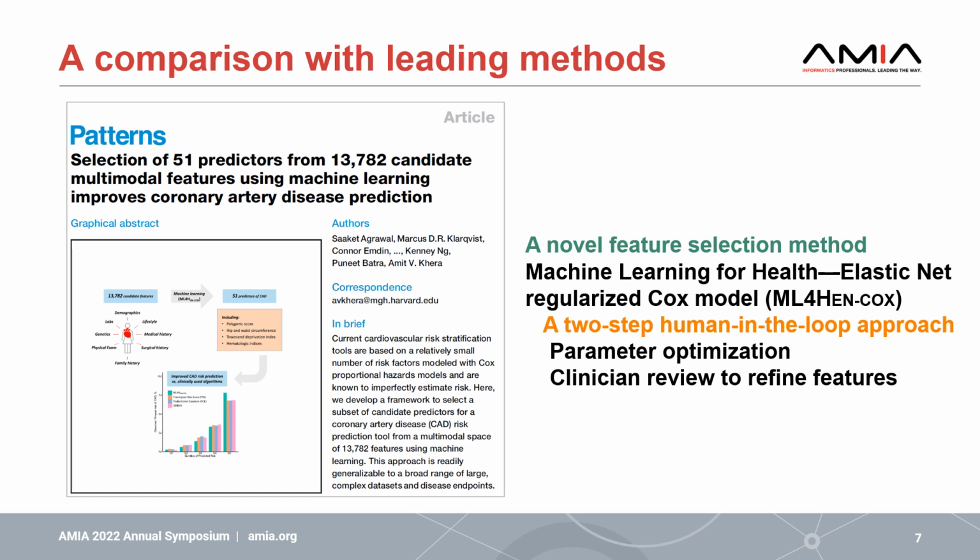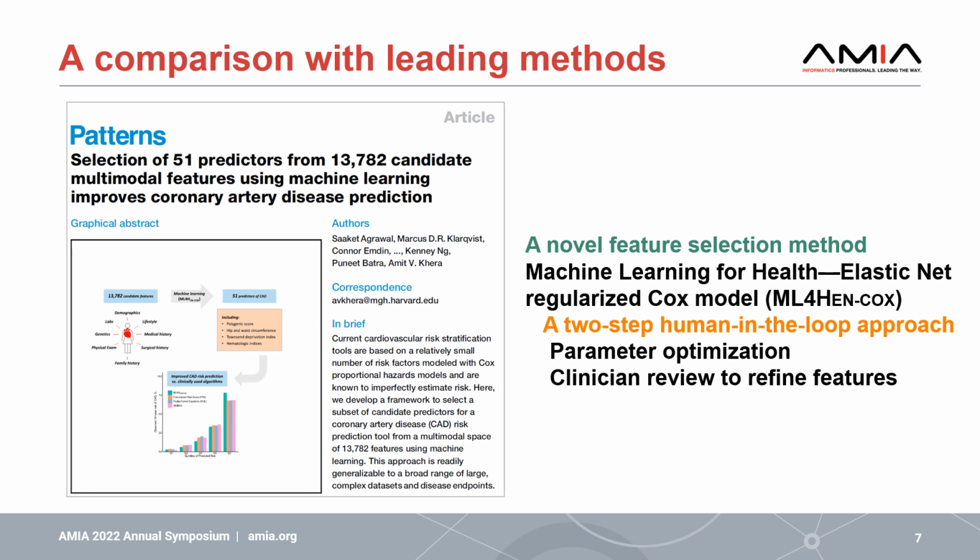What's interesting is that a different group from the Broad Institute of Harvard and MIT published a study in which they used the UK Biobank, about 173,000 individuals and close to 14,000 features, to compare their new feature selection method to other leading methods.